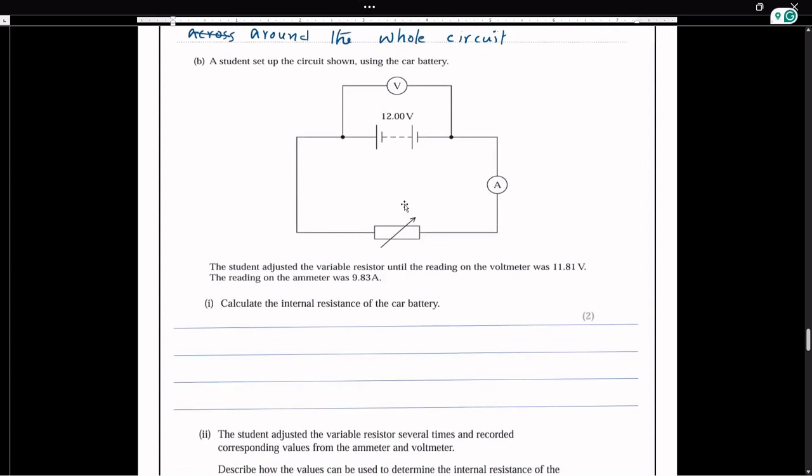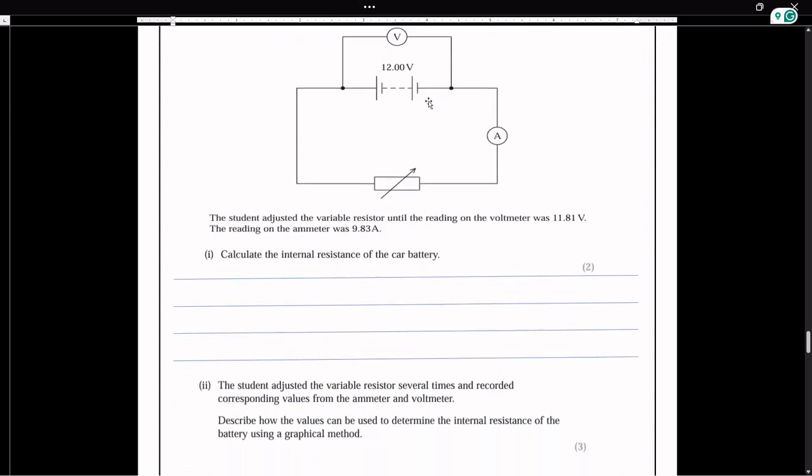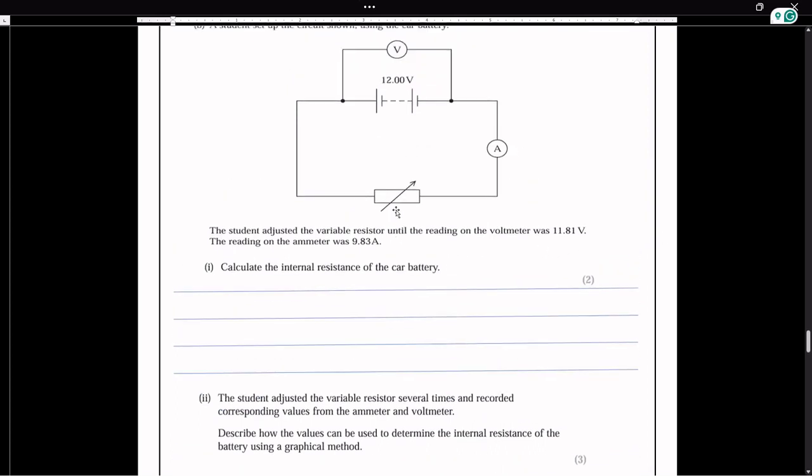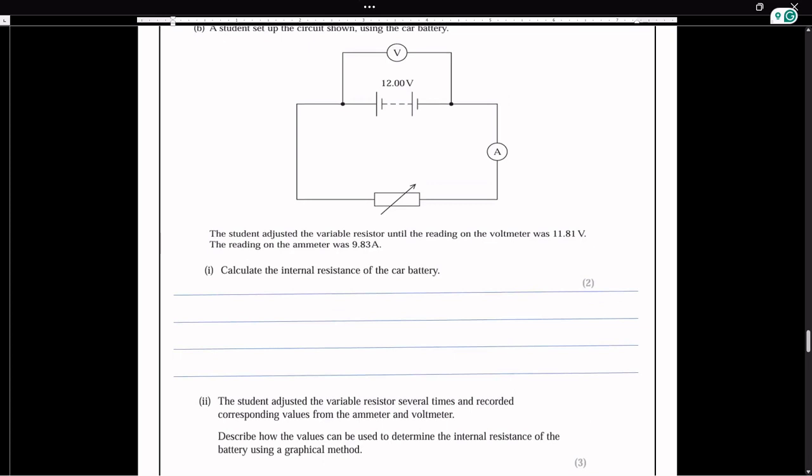Now let's see the circuit. There is an EMF of 12 volt. Then there is an ammeter and a voltmeter. Okay, let us write the values. The ammeter reading is the current, so the current I equals 9.83 amps.